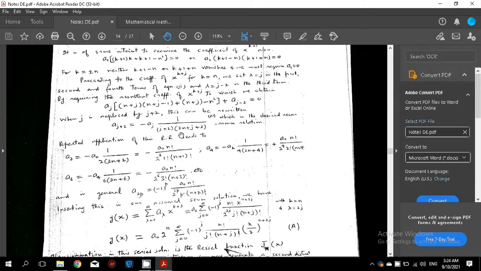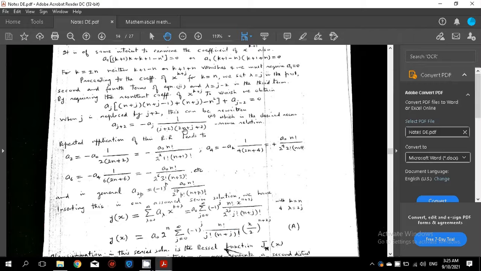Supposing n is equal to 3, this becomes minus 6, and when j is equal to 4, this becomes plus 6, and we get this term equal to 0.